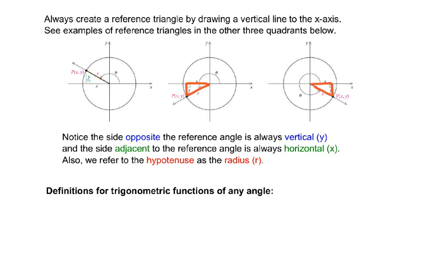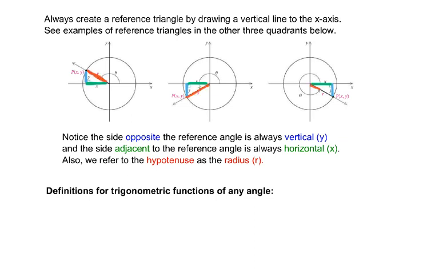So something we want to notice, considering this picture that we have here, the opposite side is always vertical, right? There's my y, and that is always opposite that small angle. And the adjacent side is always going to be horizontal. And then my radius is always the hypotenuse.